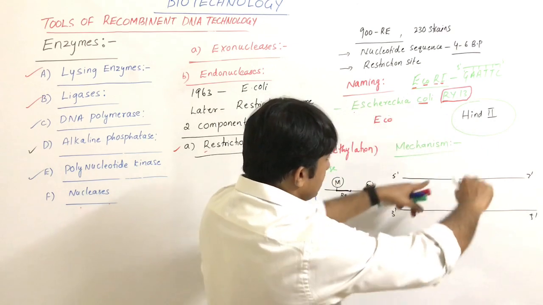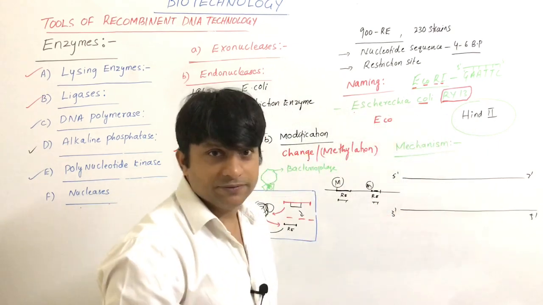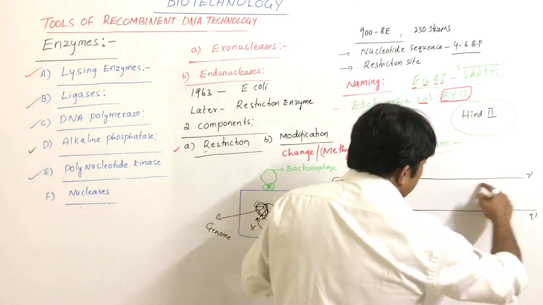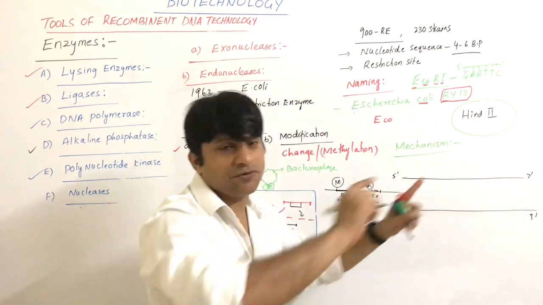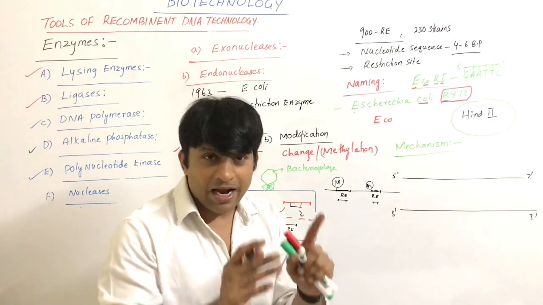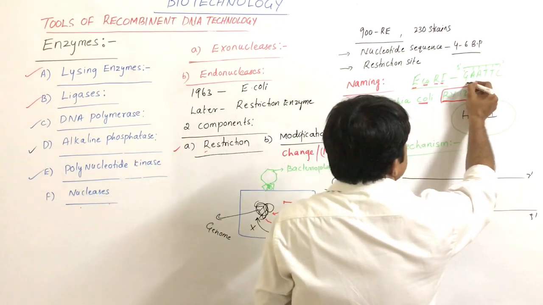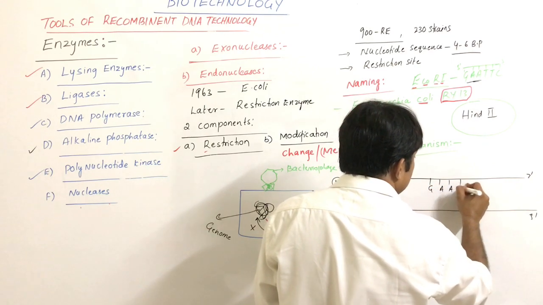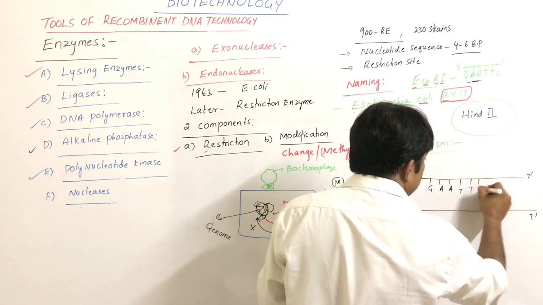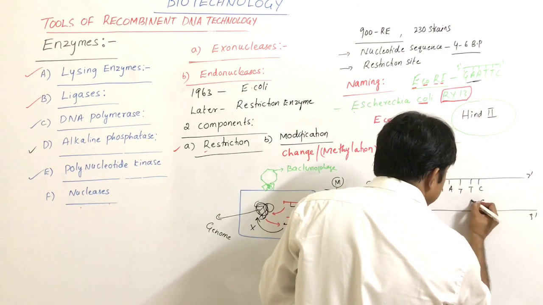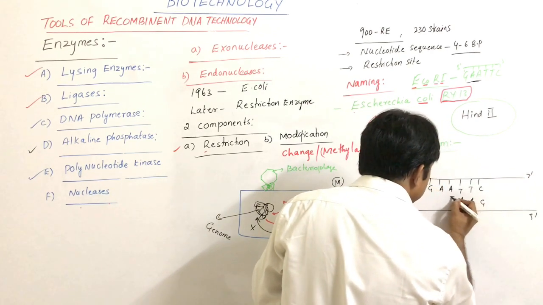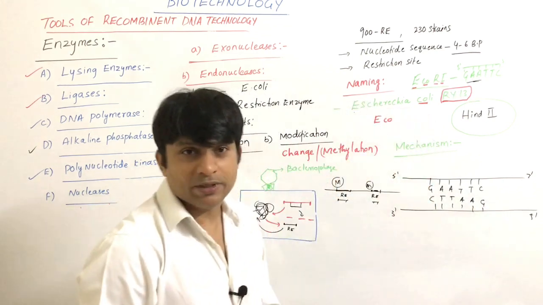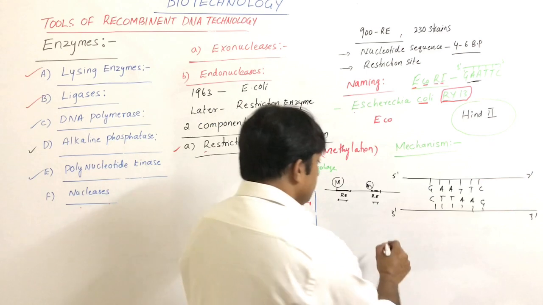So once these restriction enzymes are employed, this restriction endonuclease will first inspect the entire DNA strand and identify its specific base sequence.